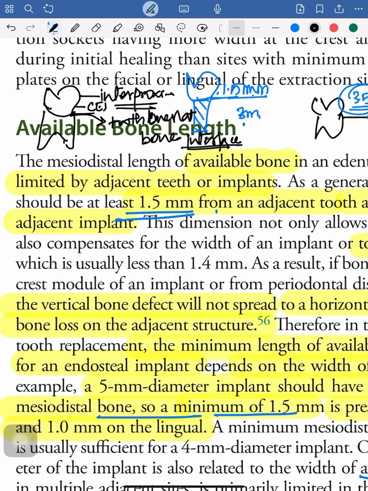So all your calculations should be from the tooth and crestal bone interface. Alright, there's one more thing that you need to consider. Suppose this tooth has some sort of horizontal defect. In that case, your calculation should be 2 millimeter below the CEJ. From there you need to calculate.